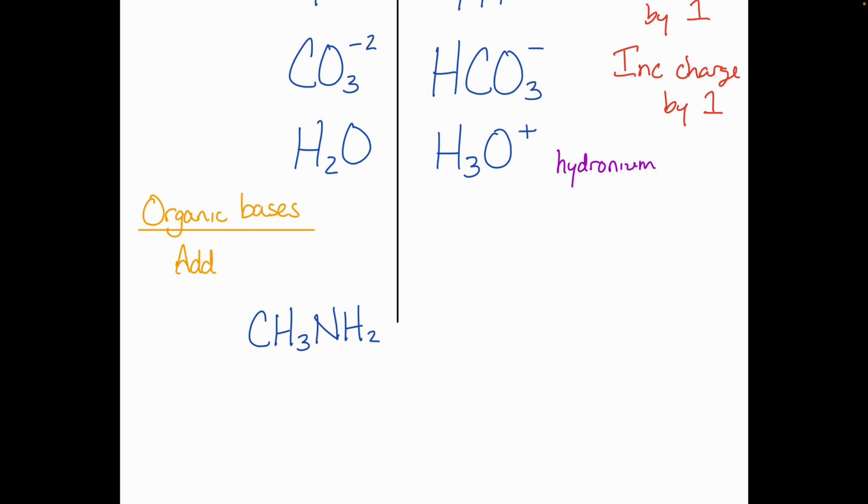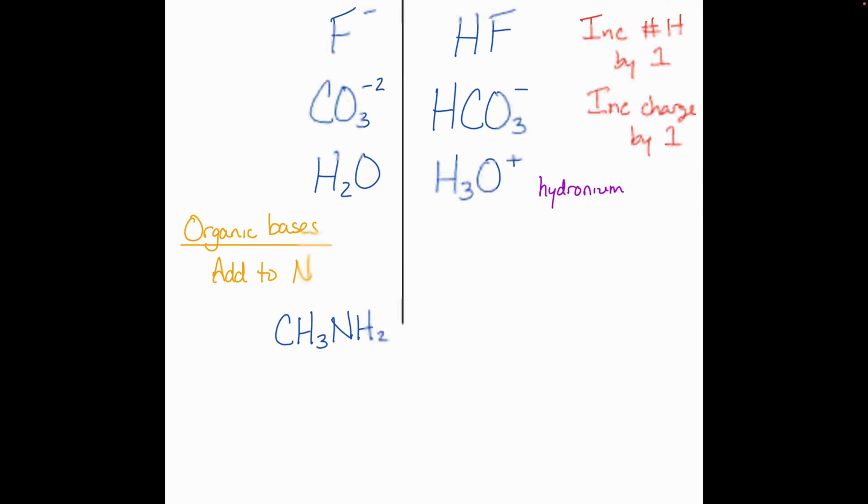So we're going to add to the nitrogen. When we're increasing our number of hydrogens by 1 and increasing our charge by 1, where do we put those hydrogens? We're going to add it to that nitrogen. And we can note that it'll always be listed either first or last as well.